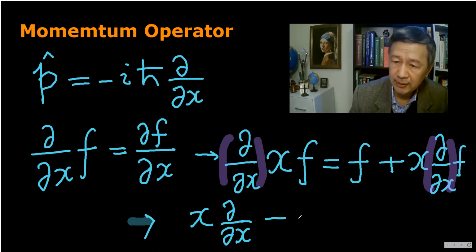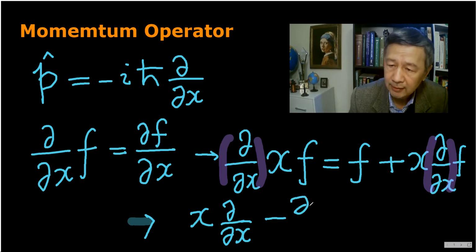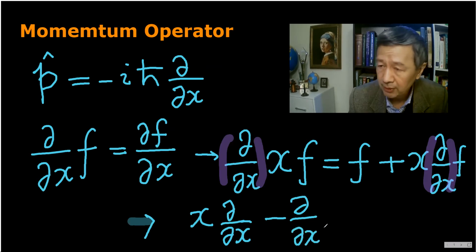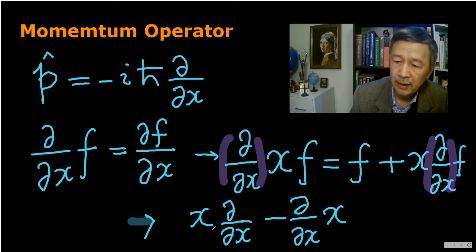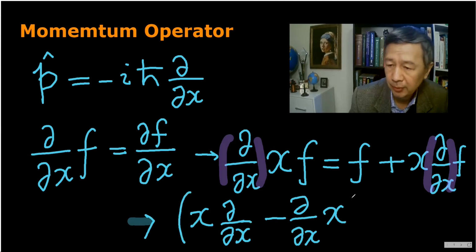This is just like factorizing: we rearrange the result of the product rule into this form, and then factorize, putting f outside.